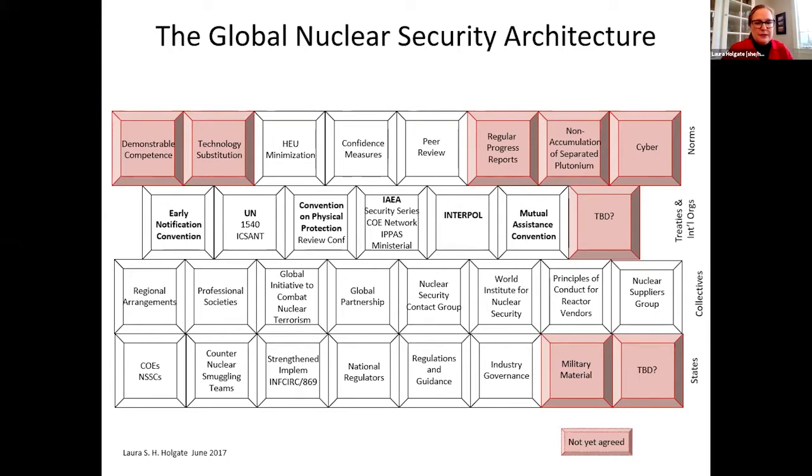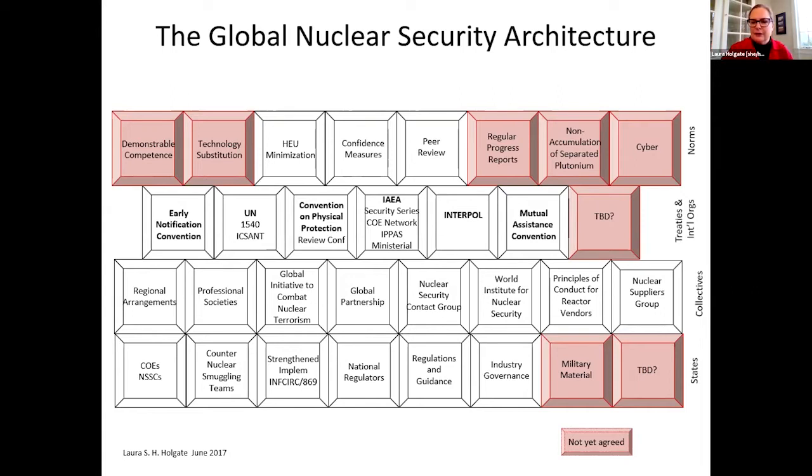So there's more work to be done on military materials, in terms of sharing not sensitive or dangerous information, but even just basic information about how that material is secured, to what standards, and basic quantities of material at the national level. Obviously, you wouldn't want to share that information at the site level.